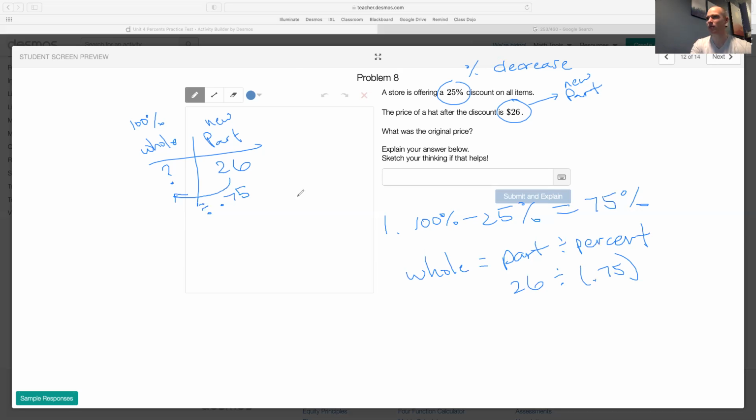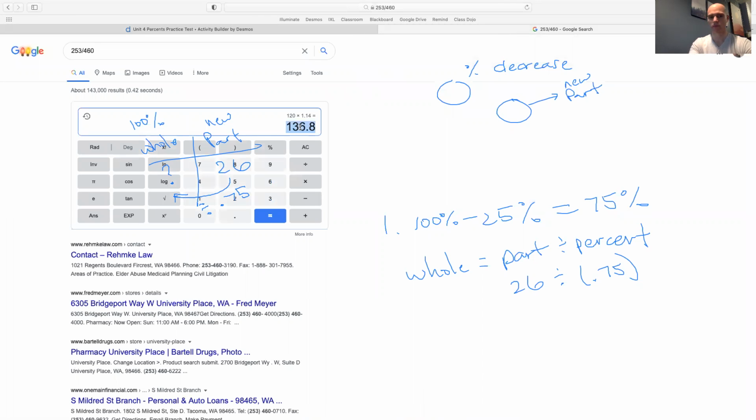I'm not sure what this one's going to come out to. Maybe like 34 or so, 32. Let's put it in a calculator. 26 divided by 0.75. Ooh, that's ugly. Look at that.